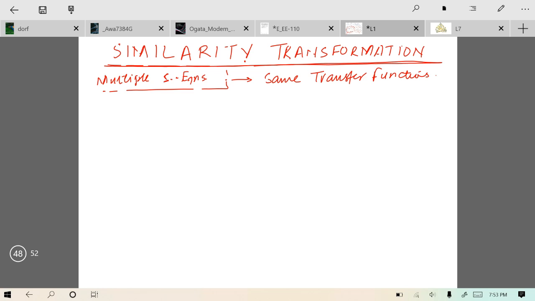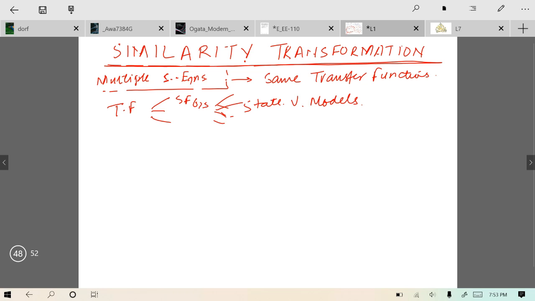So there can be multiple sets of those state variables. We saw that a single transfer function could have multiple signal flow graphs, could have multiple state equations, or state variable sets, or state variable models.